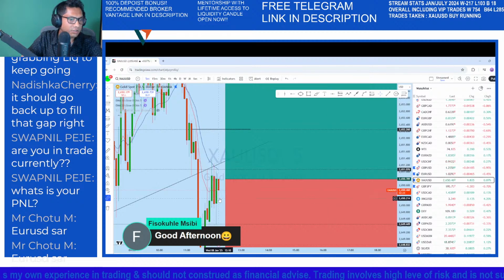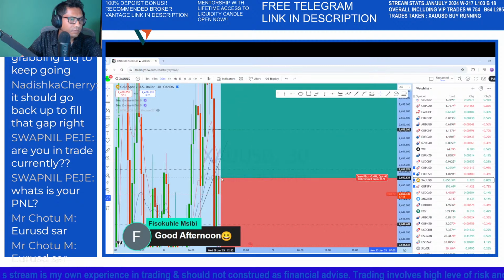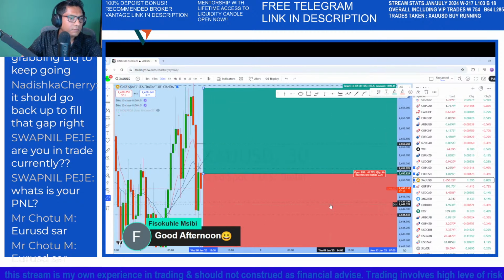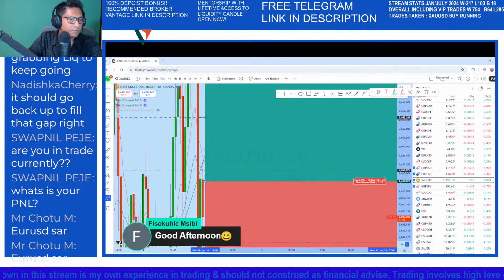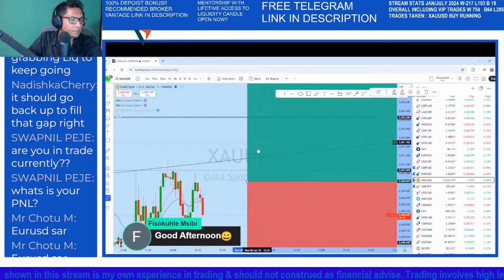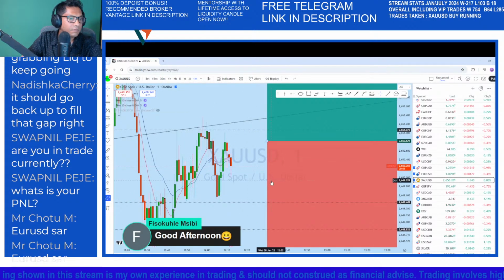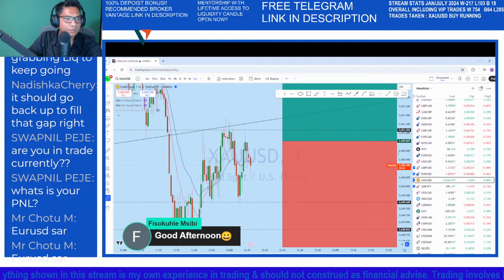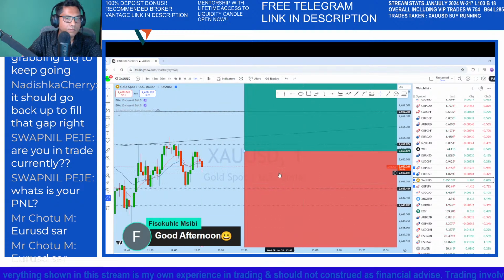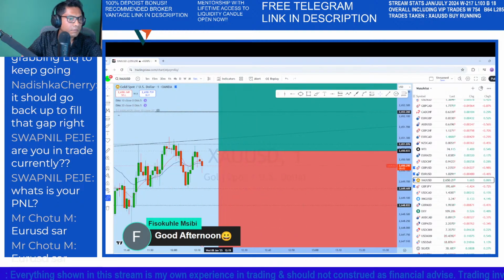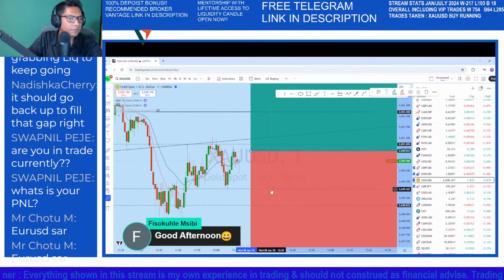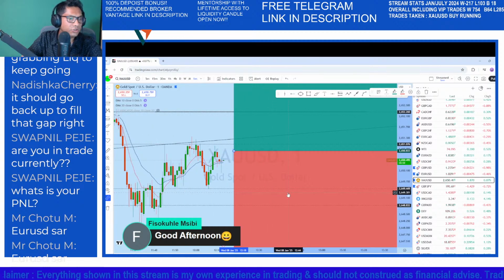If you look at here, you can expect it to form that series of higher lows and then to get a rejection to the upside. Okay, so it formed a doji.